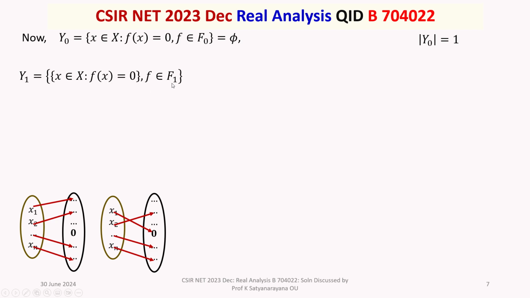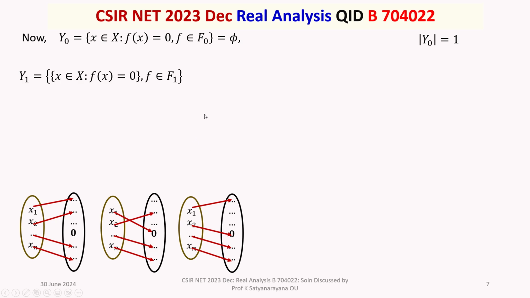And in F1, there are other functions which will send x2 to 0 and the remaining elements elsewhere. Now x2 is going to 0, so the subset is singleton {x2}.